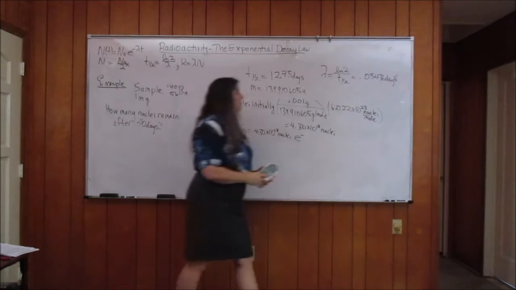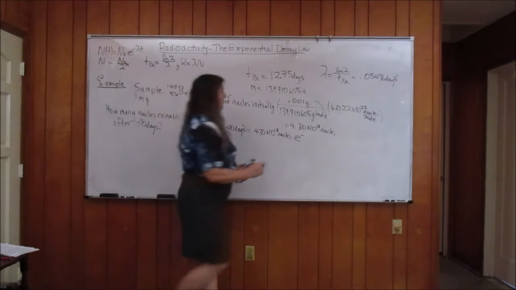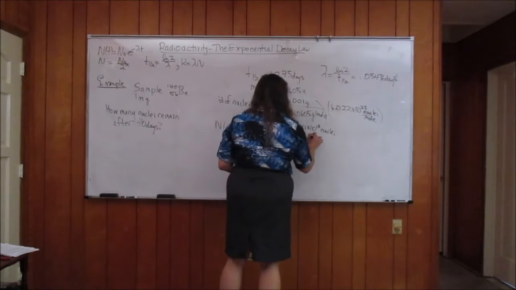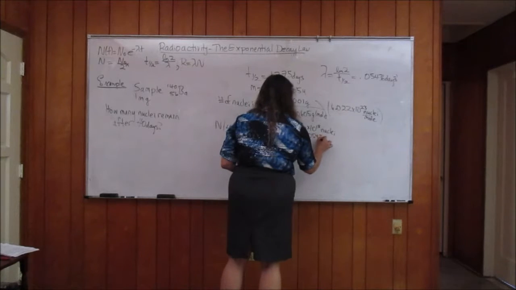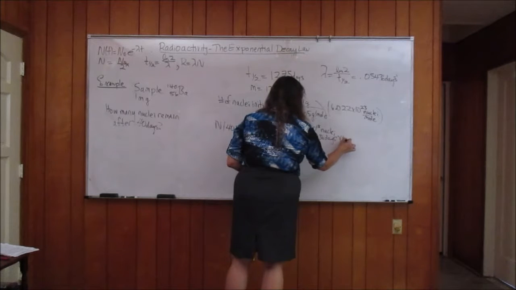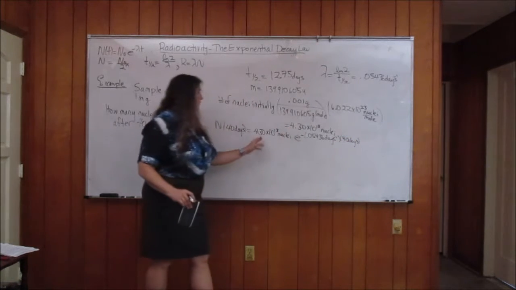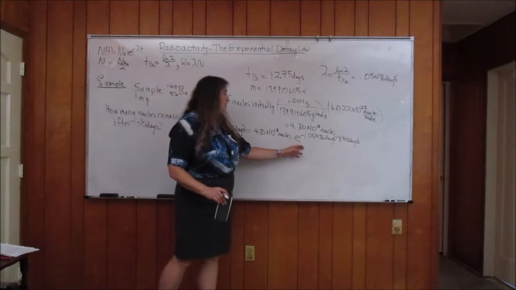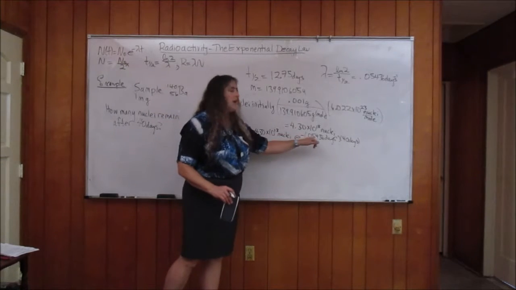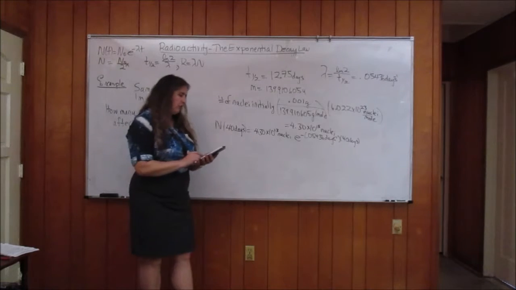Which is equal to 0.05436 inverse days. Just let me repeat, that's 4.30 times 10 to the 18th nuclei times e to the minus 0.05436 inverse days times 40 days.